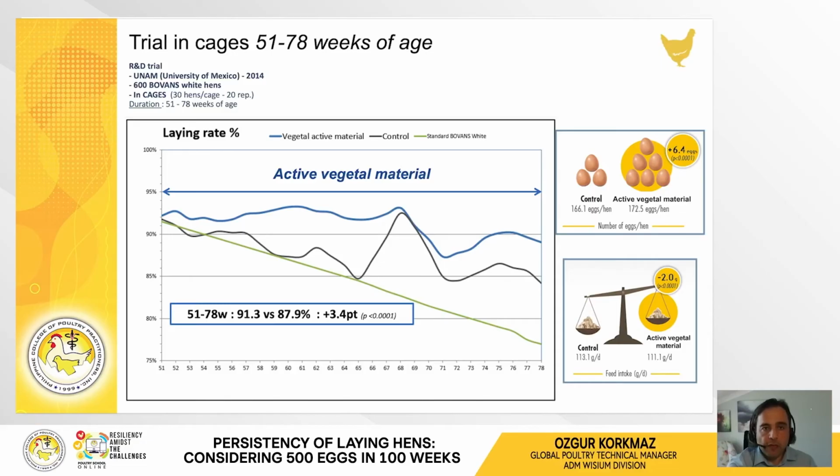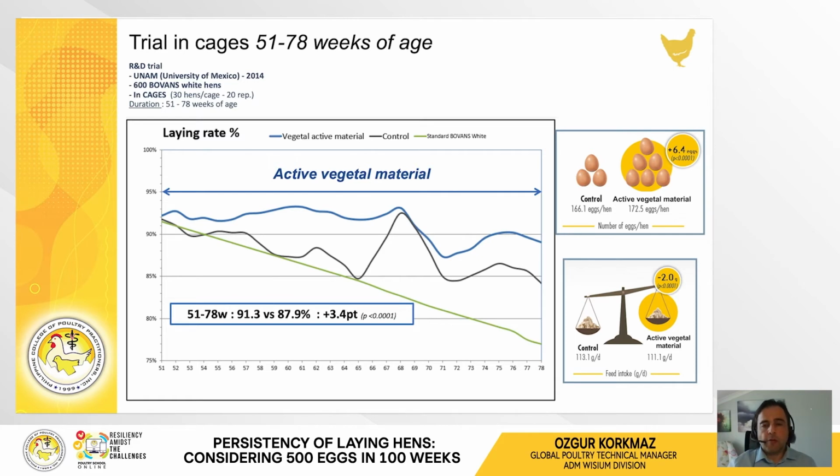Another trial was done between 51 to 78 weeks of age in 2014, and you see with the active vegetal material, the blue line, the control group the black line, and the standard genetic line. Laying percentage is higher than the control group and the genetic line.